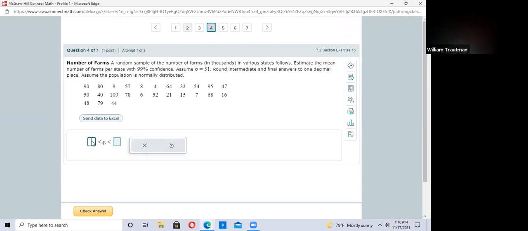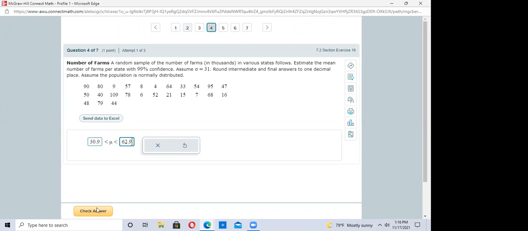That's if I typed in the data correctly. And the upper limit, I got 62.9. Sir, if we round to 1 decimal, then it would be 31 because it's 30.95. No, it's 30.94. Yours says 95? Yes, sir. Mine says 30.956 or 9536.